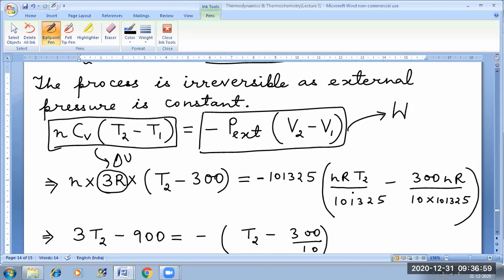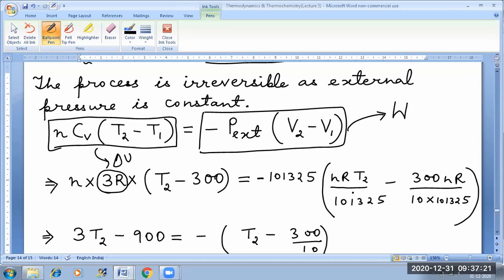So if I use this formula, the final value of pressure is 1 atm because that is the external pressure, and the initial value of pressure is 10 atm because that is given, that from 10 atm. That means the initial pressure was 10 atm. I've converted atm to Pascal by multiplying by 101325. For a polyatomic gas, Cv is 3R.